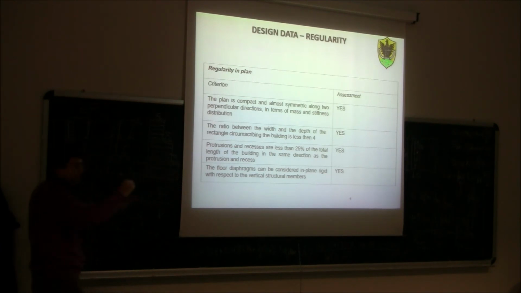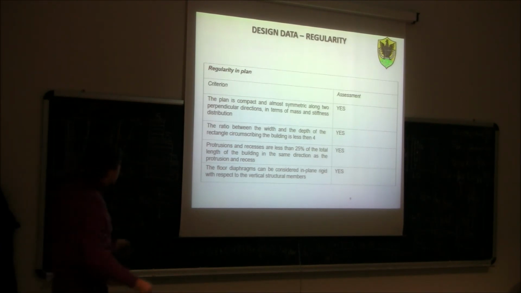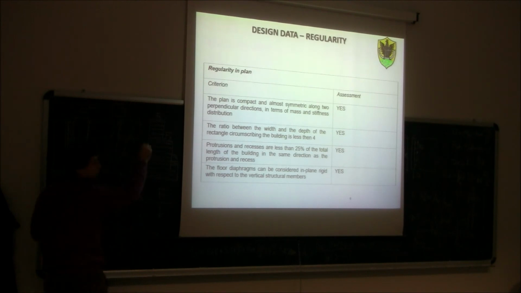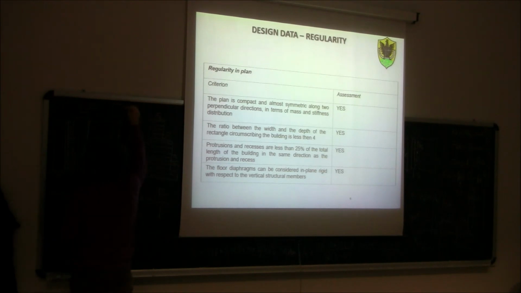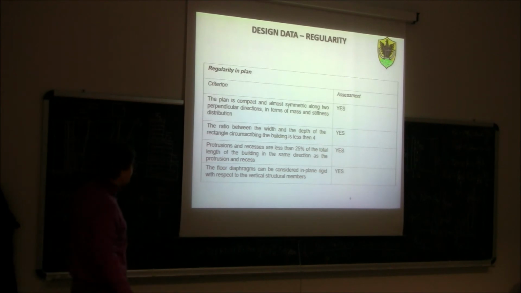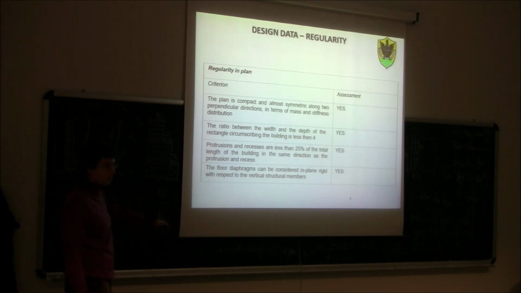This protrusion or recess should not be present, or should not be too big. Less than 25% of the total length of the building. Also this one, I can have something like this. Okay? But this one should be no more than 1/4 of the length. Okay? The floor diaphragm can be considered an in-plane rigid region with respect to the vertical structural members. Yes.